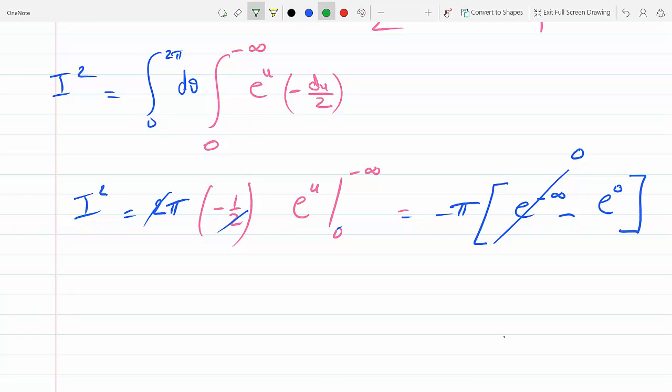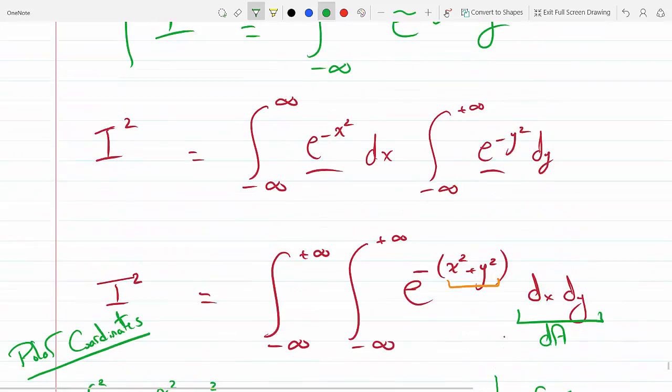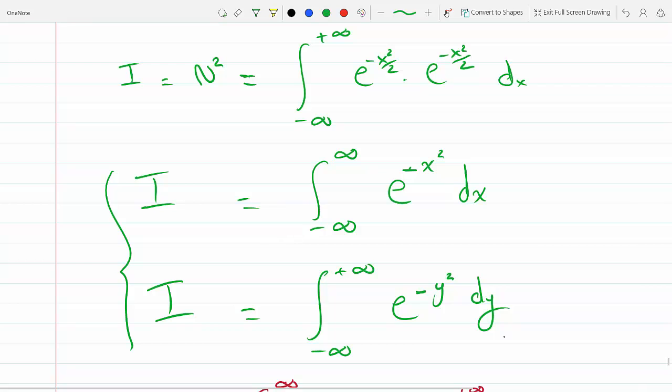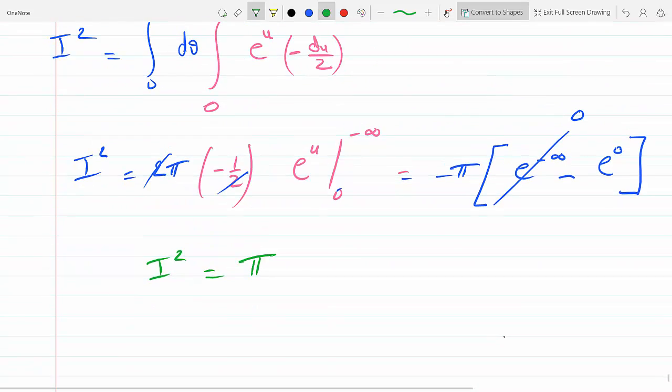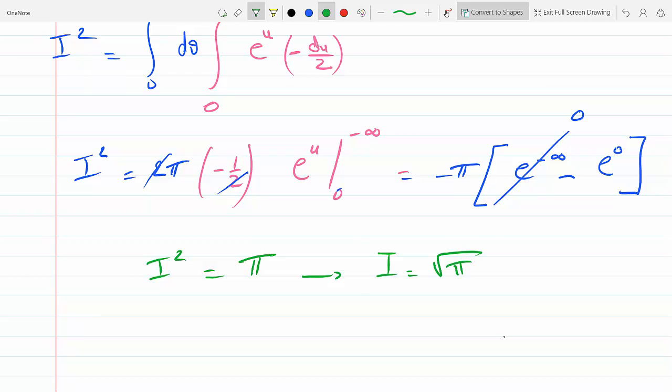So finally we get I squared equals pi. But our integral is not I squared. If you remember, our integral is I. This is what we're after. So we just take the square root of that, which means I equals square root pi.